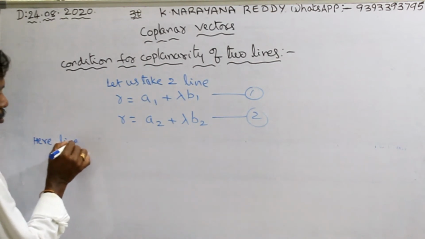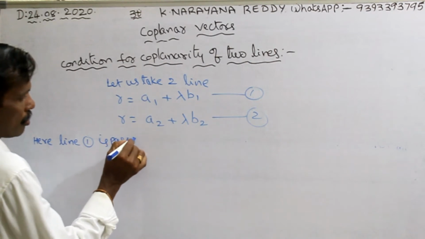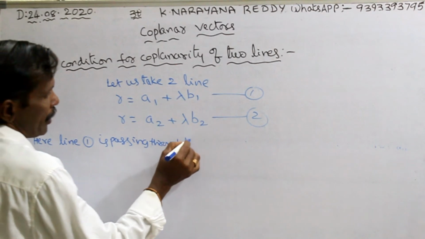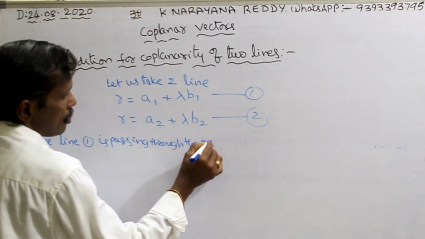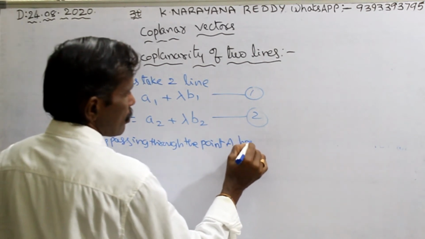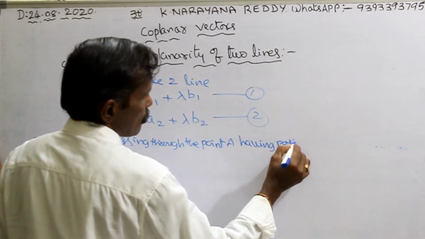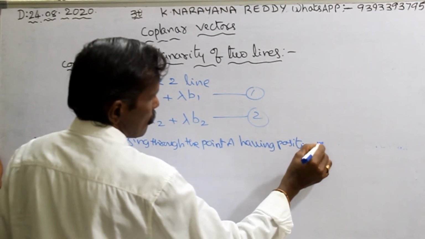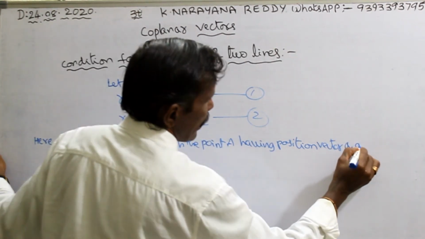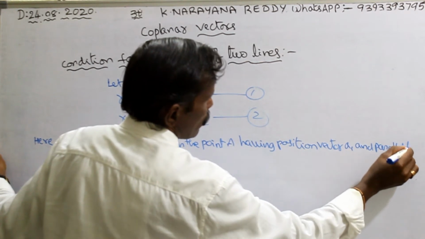Here, line 1 is passing through the point A and having position vector A1 and parallel to B1.